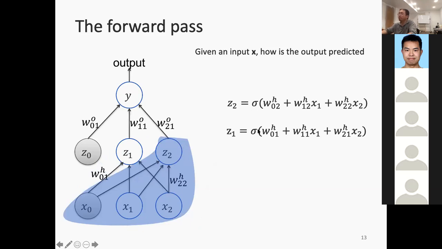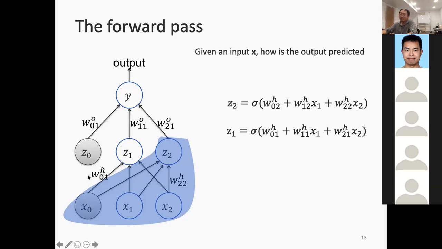Again, we first do a linear combination of all the features connecting to Z2. All the features X0, X1, X2 connect to Z2, and associated with each feature is a set of different weights. The weight on the edge connecting X0 and Z2 is denoted by W02H.